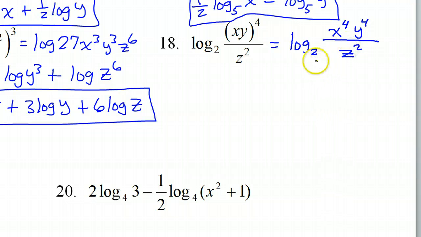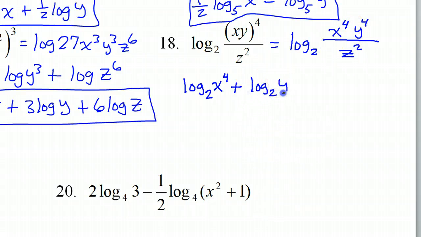Now, using the Allen method, everything in the numerator here is going to be positive when I expand it. Anything in the denominator is going to be negative. So that's going to leave me with log base 2 of x to the 4th power, plus log base 2 of y to the 4th power, and then minus log base 2 of z squared.